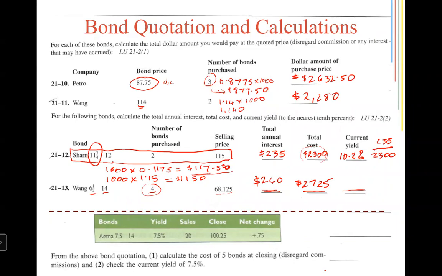By the way, is that bond going at a discount or a premium? Miss Roll? Pardon me? Is that bond going at a discount or a premium? It's going at a premium. Let me just double check. What's the face value for the bond again? 1,000, so it's going at a premium.